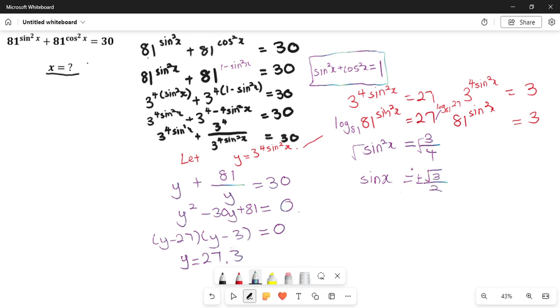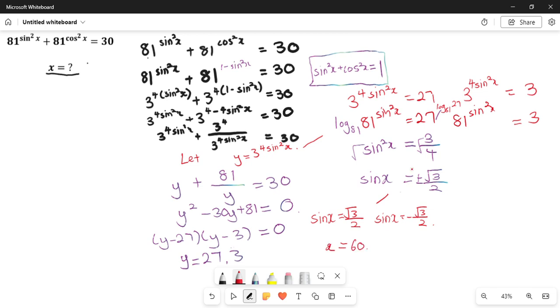From here, I can separate them into two equations. Sine x equals root 3 over 2, or sine x equals negative root 3 over 2. If you know your trigonometry identities, you will know that sine x equals root 3 over 2 gives 60.